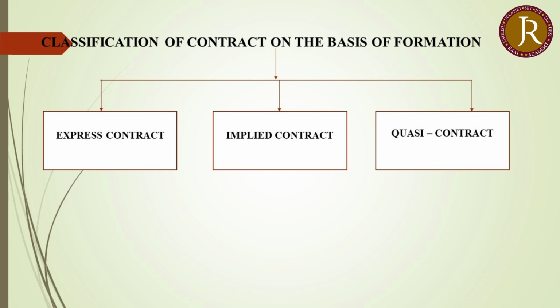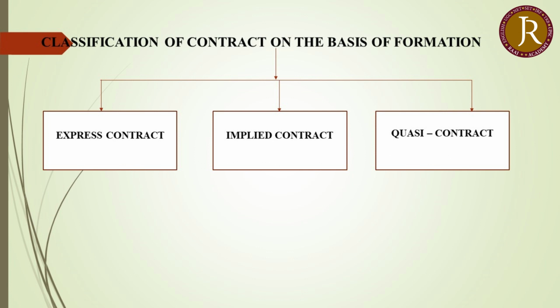Then the next type is implied contract. Here, an implied contract is one for which the proposal or the acceptance is made otherwise than in words. Where the proposal or acceptance of any promise is made otherwise than in words, the promise is known as implied promise.